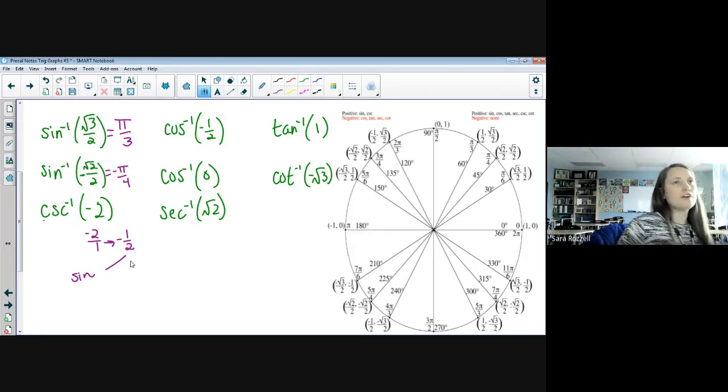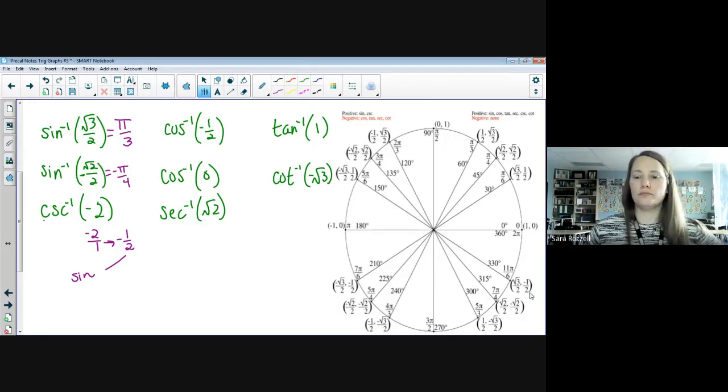So I can flip that over. Instead of having to search for a number and then think about the flipping, I like to do that part first. So where is sine negative 1/2? Right here, which is negative pi over 6.